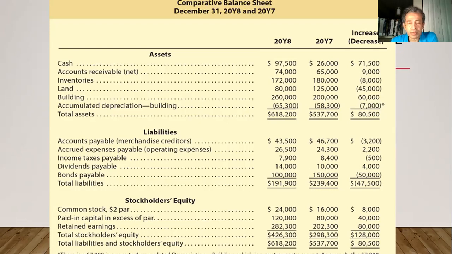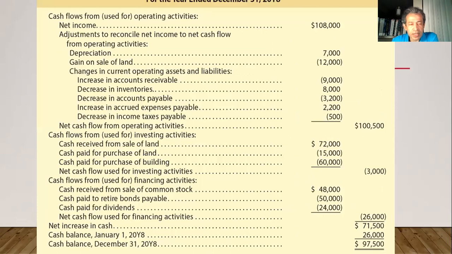So $8,000 worth of common stock was issued, but you sold it for much more than $8,000, because your paid in capital in excess of par has gone up from 80 to 120. So there's a $40,000 increase. So 40 plus 8, total proceeds from sale of stock was $48,000. See here, cash received from sale of common stock was $48,000.